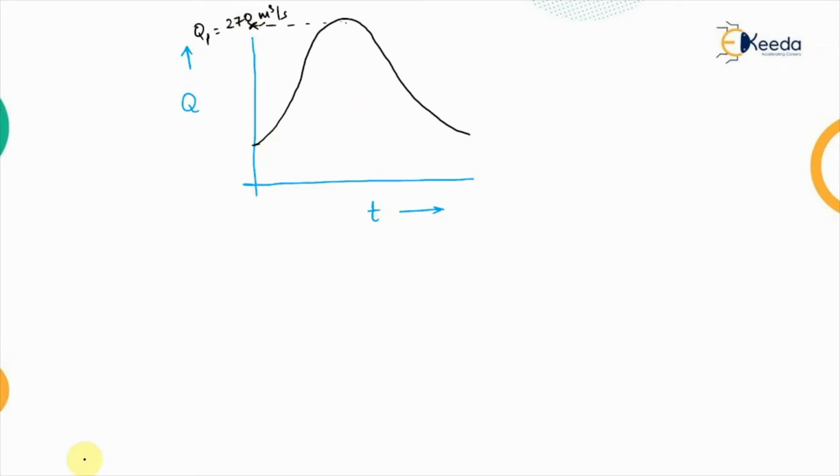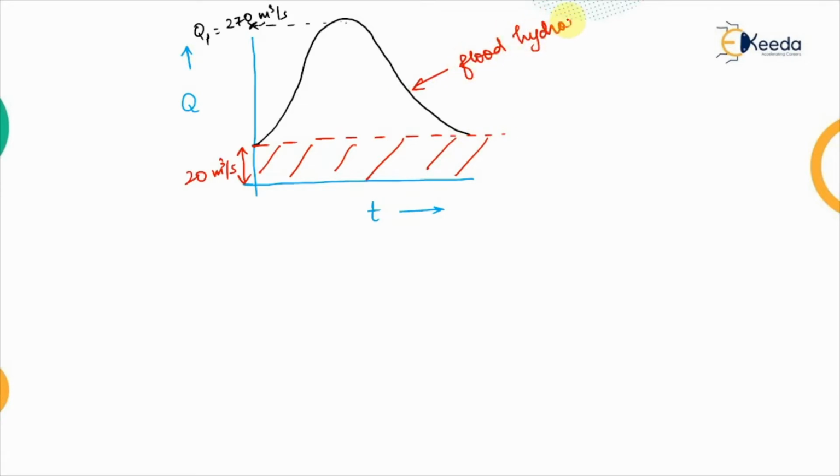Now the constant base flow that has already been given is equal to 20 cubic meter per second. So that means this ordinate is equal to 20 cubic meter per second. If we deduct this 20 cubic meter per second from the flood hydrograph, then the graph that we will get will start from 0 and end again at 0.